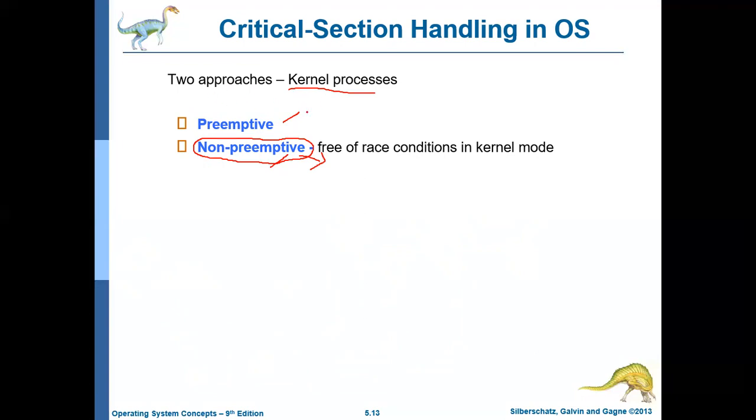Now the problem of race condition can occur with preemptive processes. The problem of race condition, that is the data inconsistency problem, can occur with preemptive processes. Non-preemptive processes are free from race conditions, but typically most of the processes are preemptive, because you cannot allow the processor to run a process indefinitely for a long period of time; that may lead to other issues.